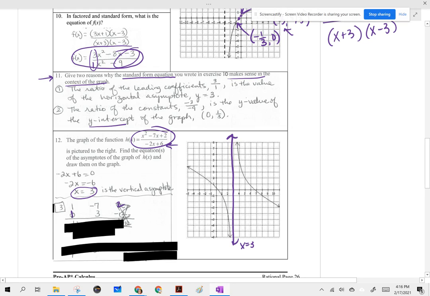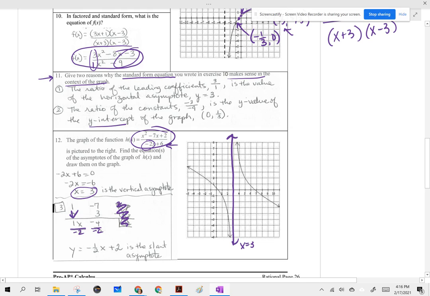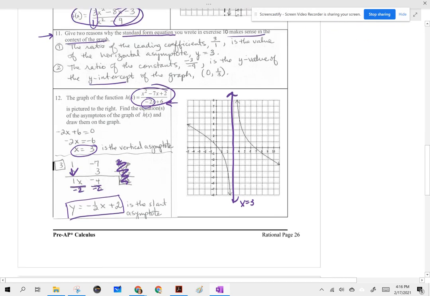Again, we bring down our first term, finish off that synthetic division, and disregard our remainder. And then remember, we always have to divide by that denominator's leading coefficient. So I'm dividing each of those by -2, and I end up getting y equals -1/2 x plus 2 as the equation of my slant.